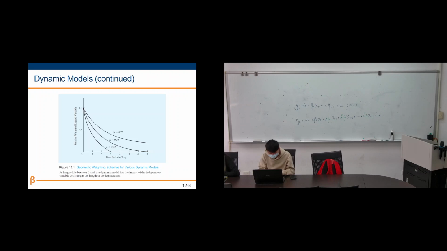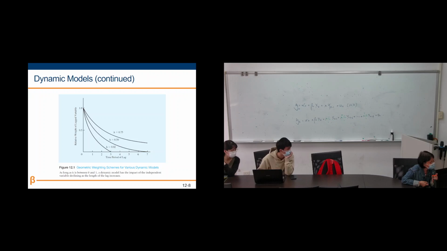So we say that as long as lambda is between 0 and 1, a dynamic model has the impact of the independent variables declining as the length of the lag increases. So it declines. But if lambda is bigger, then the speed of the declining is slower.